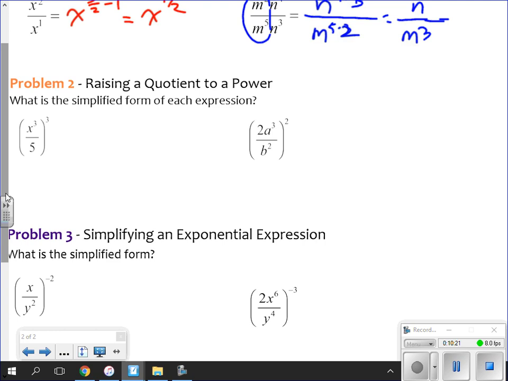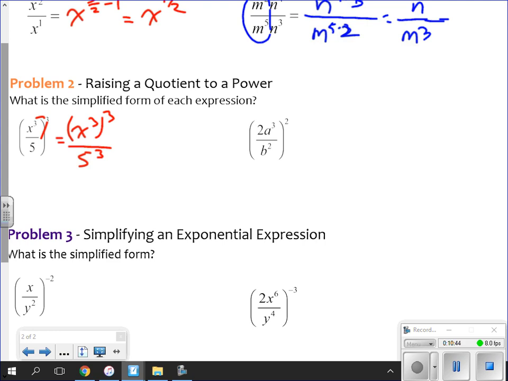So when I have x cubed over 5 to the third power, that third power gets applied to both terms. So in this case, I end up with x cubed over 5 cubed. That 3 exponent applies to everything.